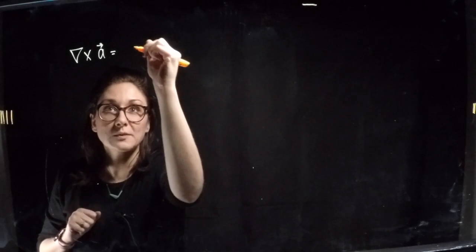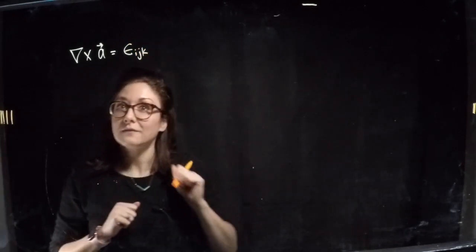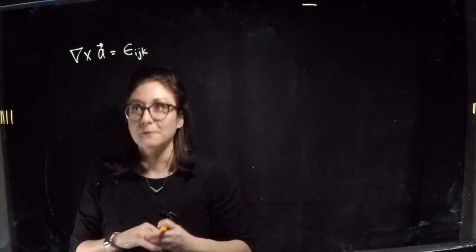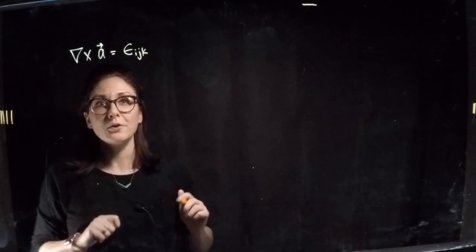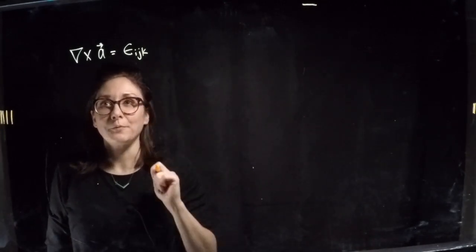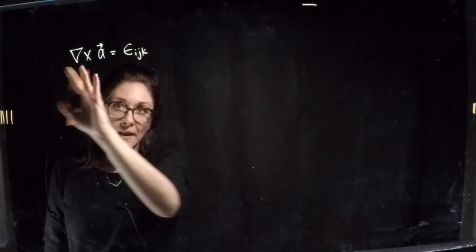That's how we do index notation. So when we do a cross product, we have our alternating unit tensor. I'm just going to use IJK. It's kind of habit. Most people do that. But again, you can use whatever letters you like. The next piece to this puzzle when we do a cross product is we're going to do our first vector, and we're going to give it the free index of j.